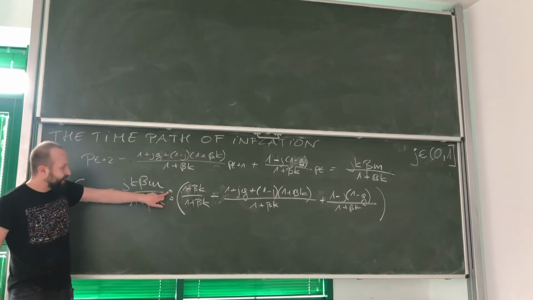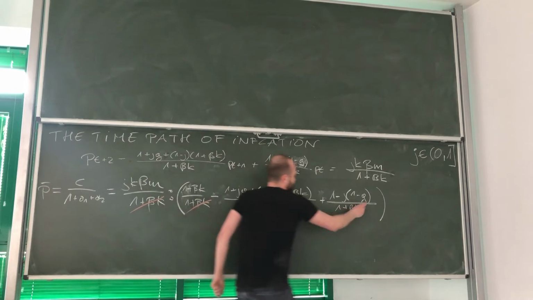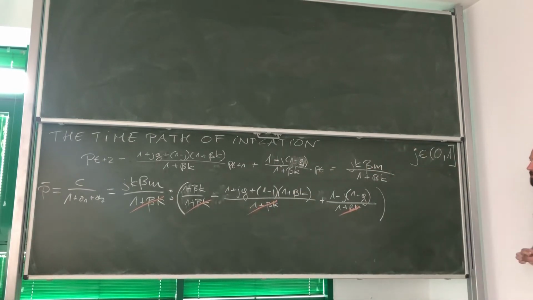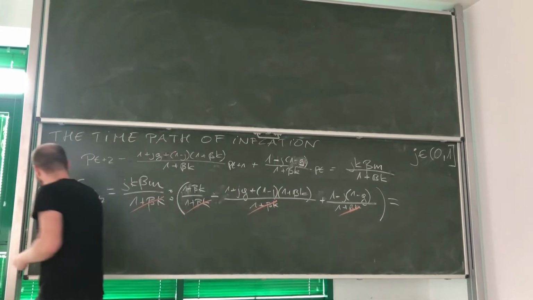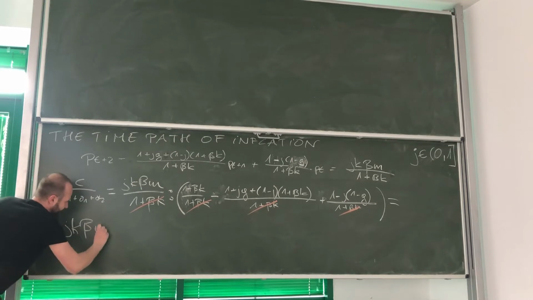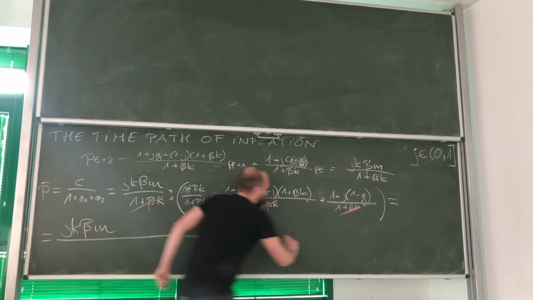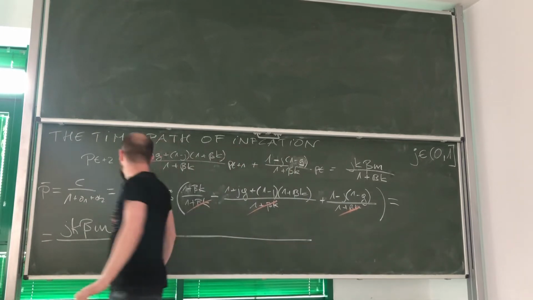So when we will be dividing them, the two will cancel each other out, and what we are going to have over here is J, K, beta, M over whatever we get out of all of this.